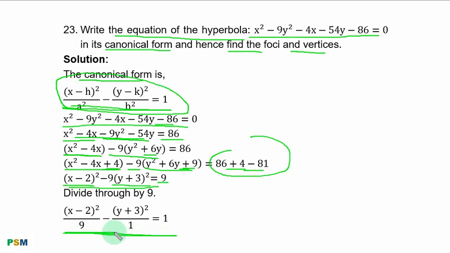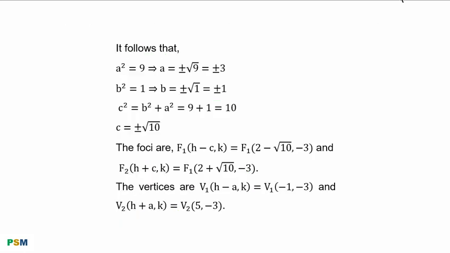From here, we can get the foci and vertices with ease. It follows that a square is equal to 9. This implies a is equal to plus minus square root of 9, and you have this result. B square is equal to 1.